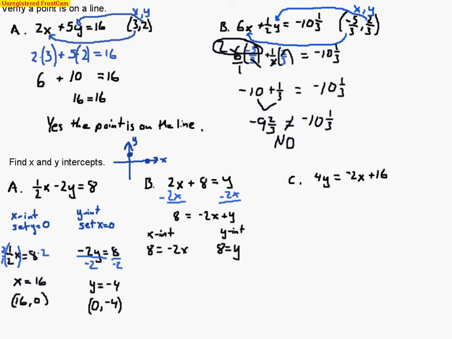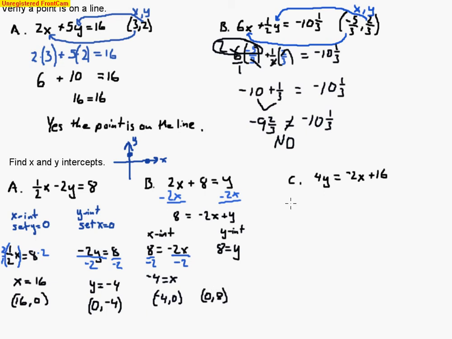So I've just got one step here to do, and that final step is to move this negative 2, divide by it. So I divide by that negative 2, and we've got our answer here. Negative 4 is what x equals. y equals 8. So we can write the answer as ordered pairs: (-4, 0), and over here we have (0, 8).